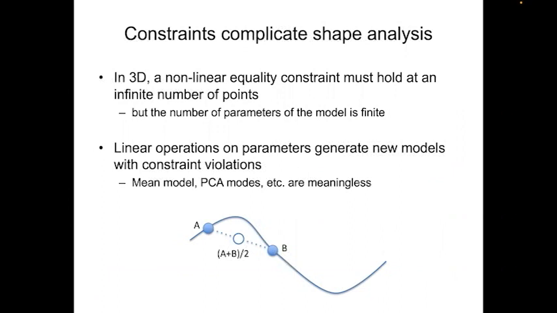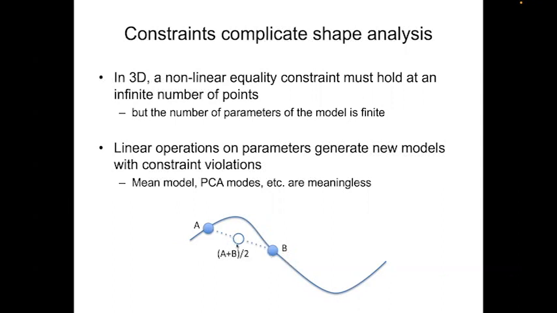And so if we want to do any kind of shape statistics, compute means, do PCA, etc., it becomes meaningless under these constraints. So we need some way of generating models that satisfy the constraints and doing shape statistics with models that satisfy these constraints.